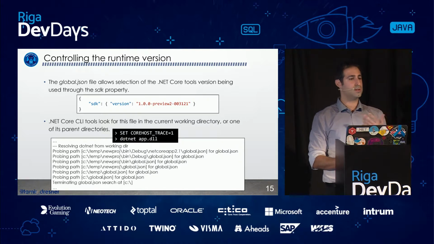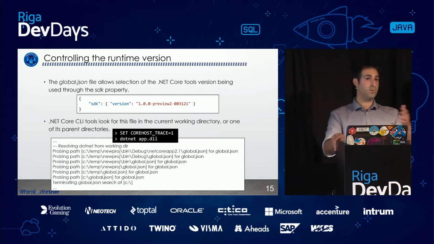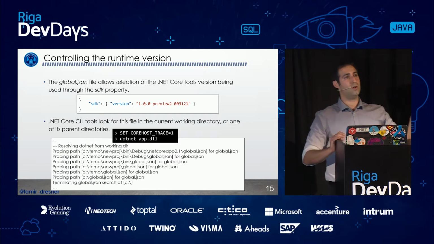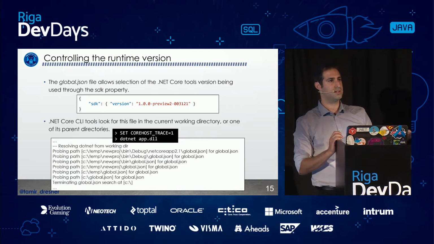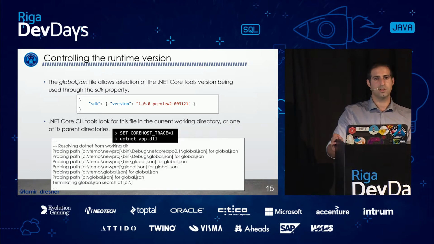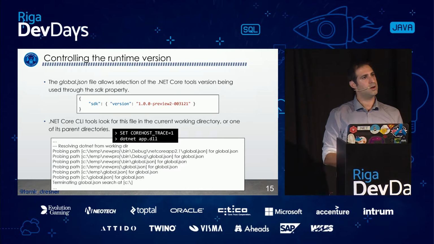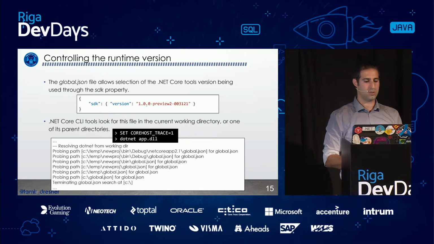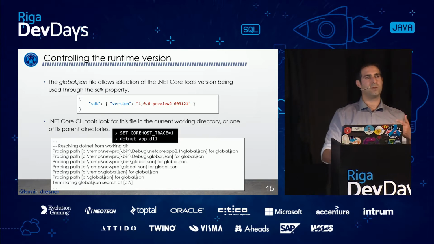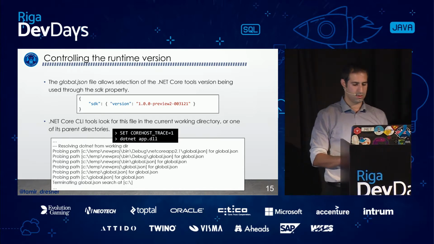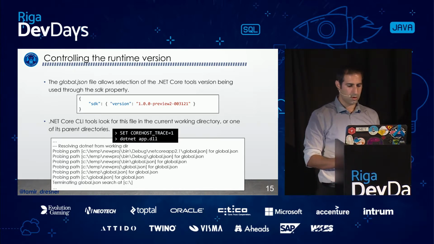And it's searching for this global.json. So if you want, for some reason, all the projects that you have inside your drive to use the same SDK, all you need to do is just put this global.json with the SDK version, and it will affect all those projects inside your drive.